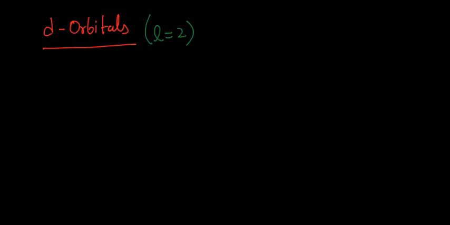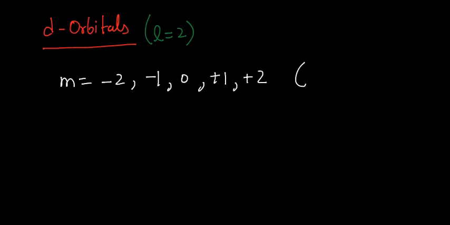Now for d orbitals with l equals 2, hence m equals -2, -1, 0, +1 and +2. Thus there are 5 d orbitals. They have relatively complex geometry.